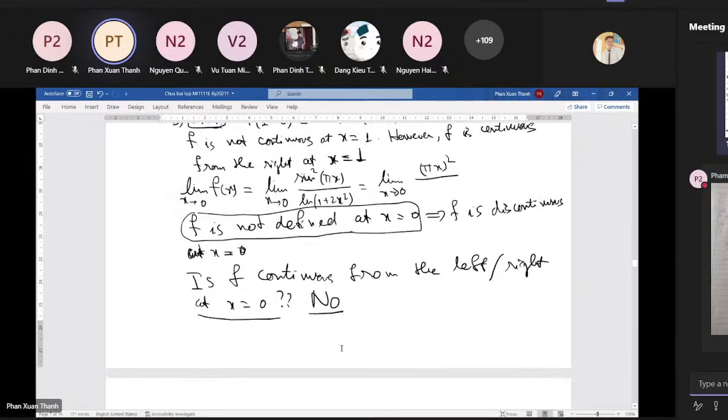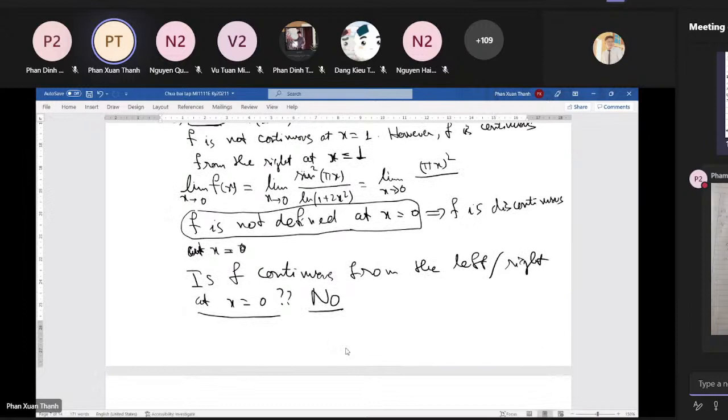So what is the definition of continuous from the left? It means that the left hand limit of f of x as x approaches 0 from the left should be equal to f at 0.